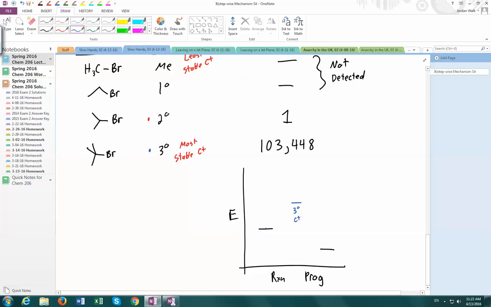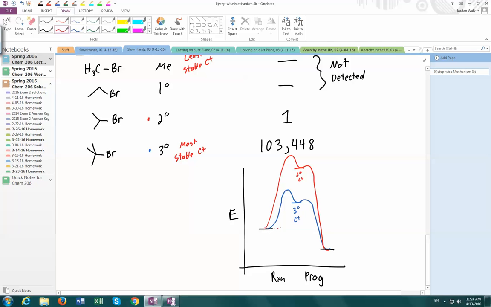And so its pathway is going to look sort of like this, versus our secondary, which will make red. So its pathway has a much higher rate determining step, and so ultimately ends up being way slower, and it's because of that difference in stability of carbocations.